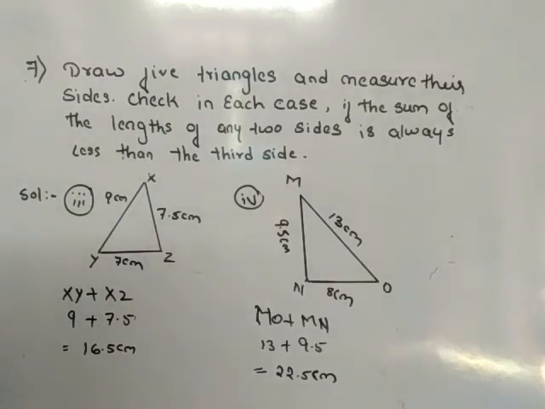Lastly, we'll write one statement here. The sum of the length of any two sides of a triangle can never be less than the length of the third side. Fifth triangle, try to draw and measure it. It is homework for you.